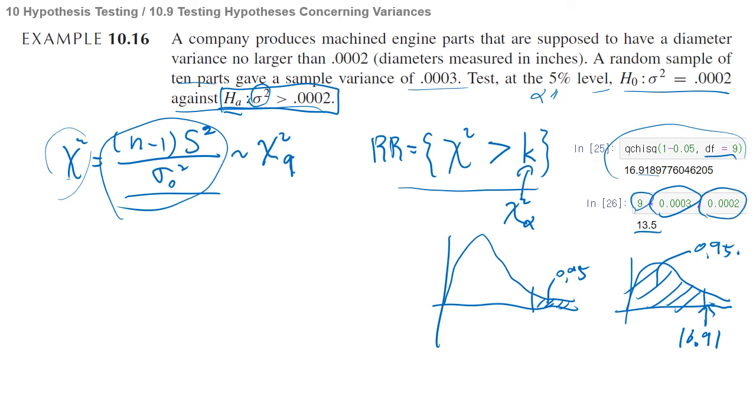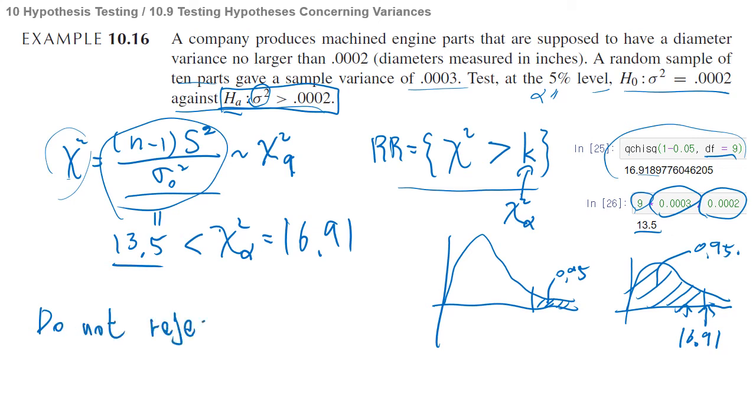So this chi-square statistic is 13.5, and this is less than 16.91. So our chi-square statistic is less than the chi-square alpha, which is 16.91, and so we cannot reject the null hypothesis. So our conclusion is to not reject the null hypothesis. This is our conclusion, and let's move on.